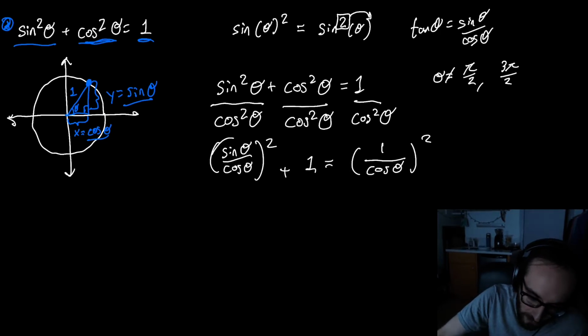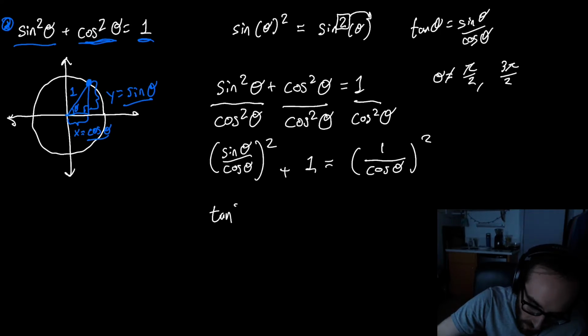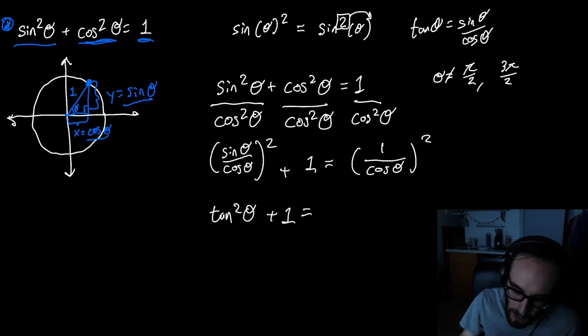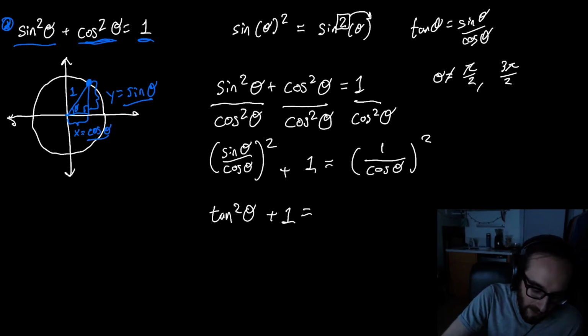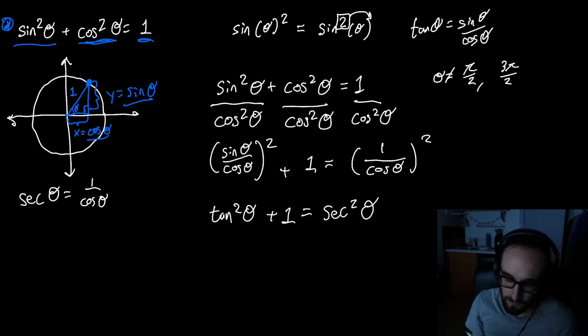So we can actually replace this expression inside of our parentheses with tangent. So tangent squared of theta plus 1 is equal to, and then 1 over cosine is the same thing as secant of theta, is 1 over cosine theta. So tangent squared of theta plus 1 is equal to secant squared of theta.